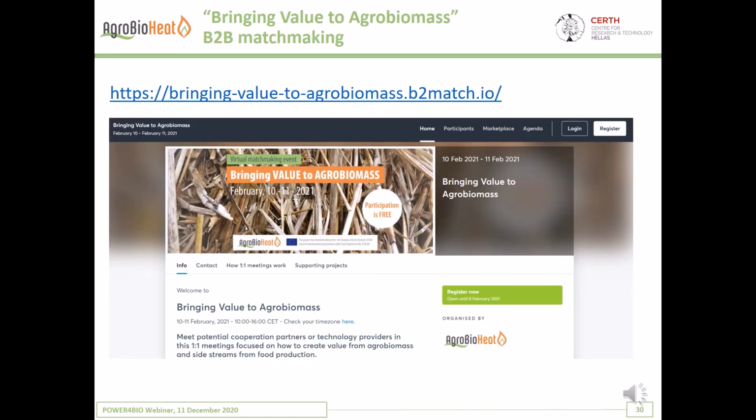And one more thing that I invite you all to attend and register for is a matchmaking event with the title Bringing Value to Agrobiomass. The purpose of this activity, which is going to be held on the 10th and 11th February 2021, is to connect different partners, for example, agrobiomass producers with technology providers or fuel producers with end users and so on.